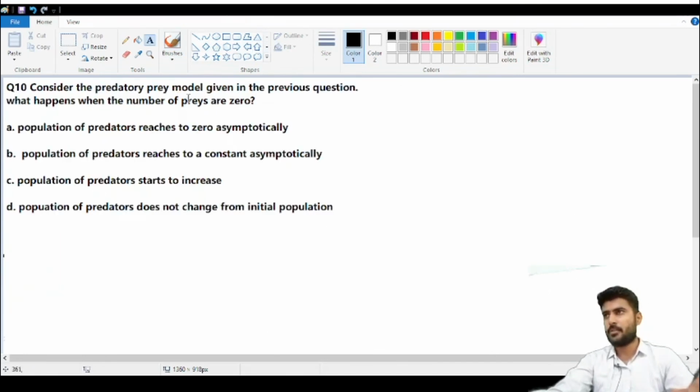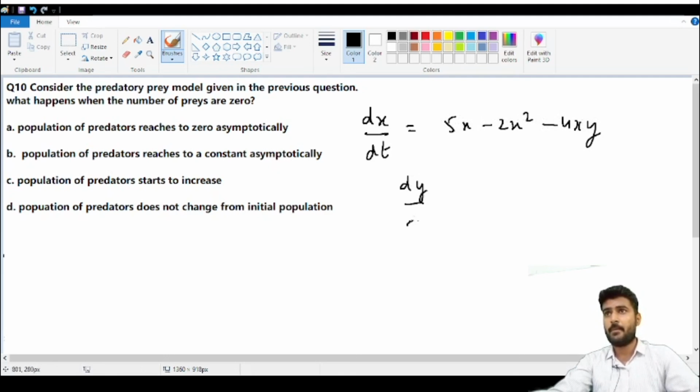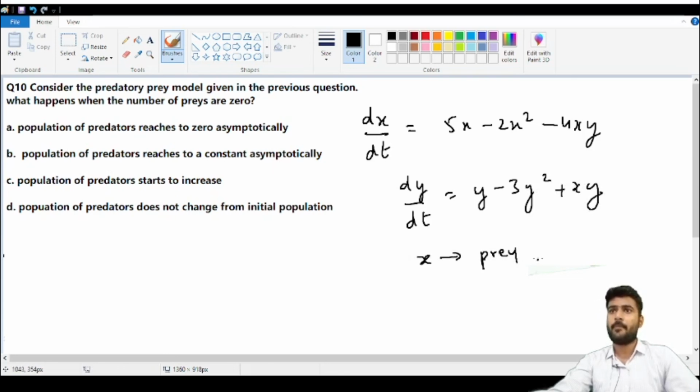So the last question says, consider the predator-prey model in the previous question. What happens when the number of prey is 0? The equations that were given were dx by dt is equal to 5x minus 2x square minus 4xy, and dy by dt is equal to y minus 3y square plus xy, where x is the number of prey and y is the number of predators.